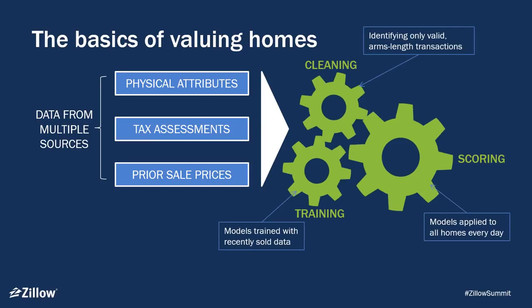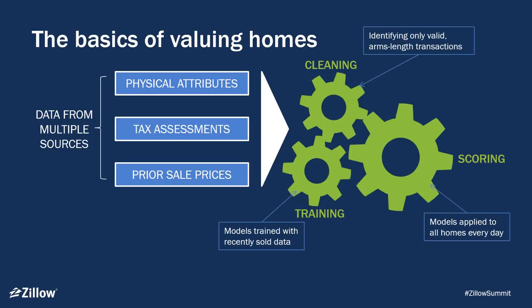Now I have clean data, so now I'm going to train my models. All this training phase really does is use recently sold homes, using those sales prices, to form relationships between prices and characteristics of homes, whether those characteristics are the physical ones that we talked about. What is the value of an extra 100 square feet? What is the value of an extra bathroom? Down to locational value.